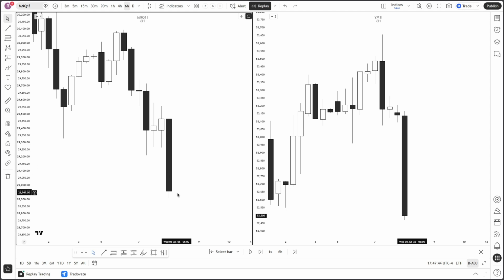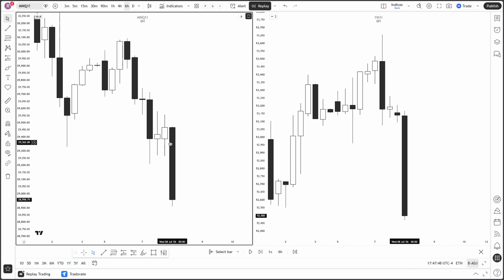So if we're trading New York at 6 a.m., we will look at the previous two 6-hour candles to see how they formed the high of day or low of day. In this case, it will be the high of day. As you can see, price opens up first, then forms the high of day, and then trades aggressively to the downside.